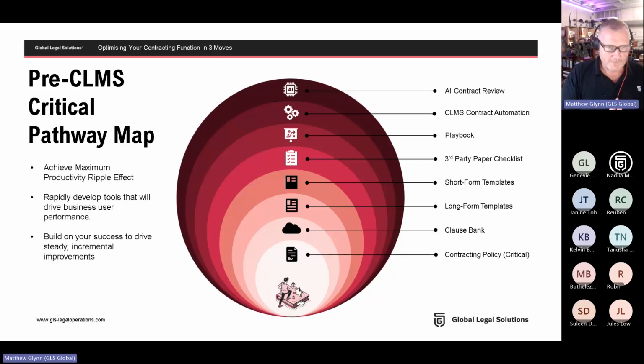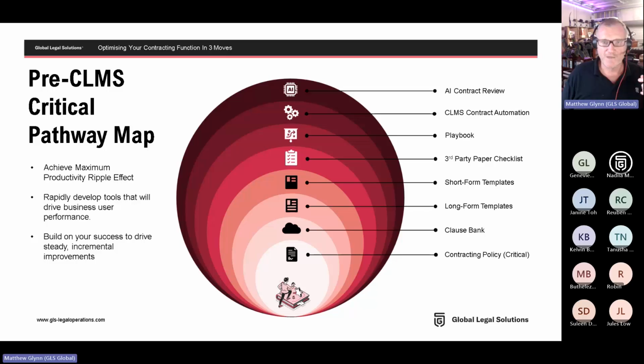The point is that all of these things, no matter where you're at, if you're starting a journey, great. If you want to check in to make sure that your journey is on track, you're keeping up to date, you've still got to check all of these assets. This is the minimal critical pathway for any contract function.